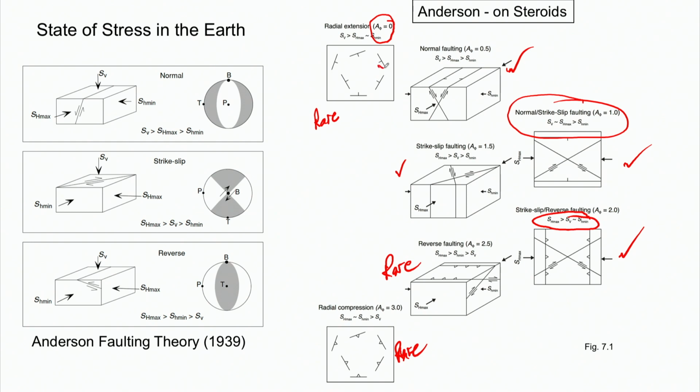It's lowest here, 0, increases to 0.5, increases to 1.0, increases to 1.5, increases to 2.0, increases to 2.5, and then increases to 3.0. So as you look at a larger value of A phi, you're looking at a more compressive stress state.